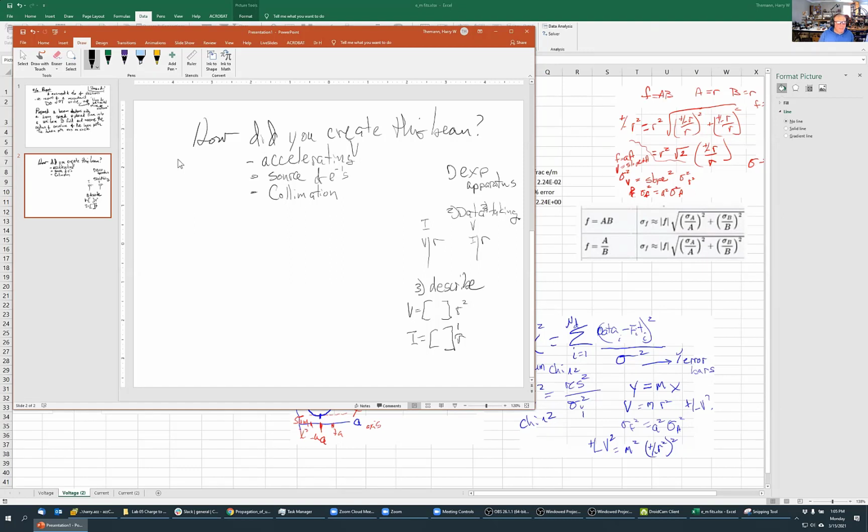Because remember you had F equals QVB, also equals mv squared over R. And also Q times V equals kinetic energy, which equals 1/2 mv squared. And you arranged it this way because you wanted to do a straight line fit.